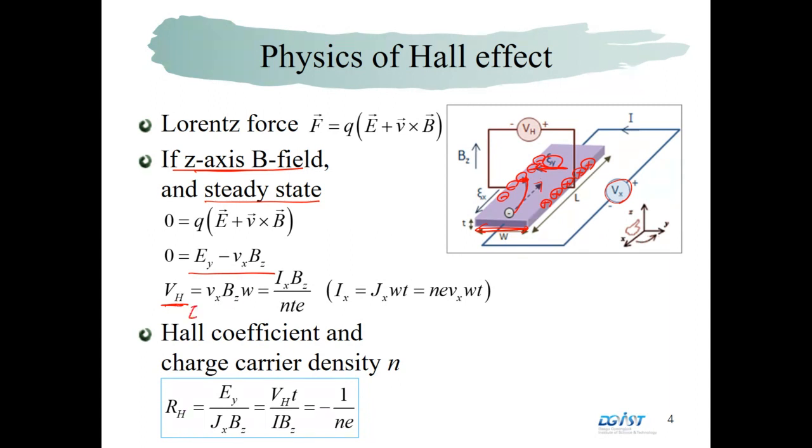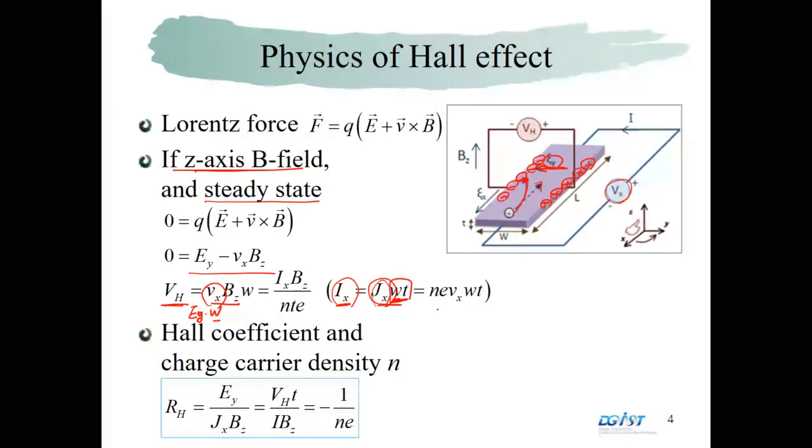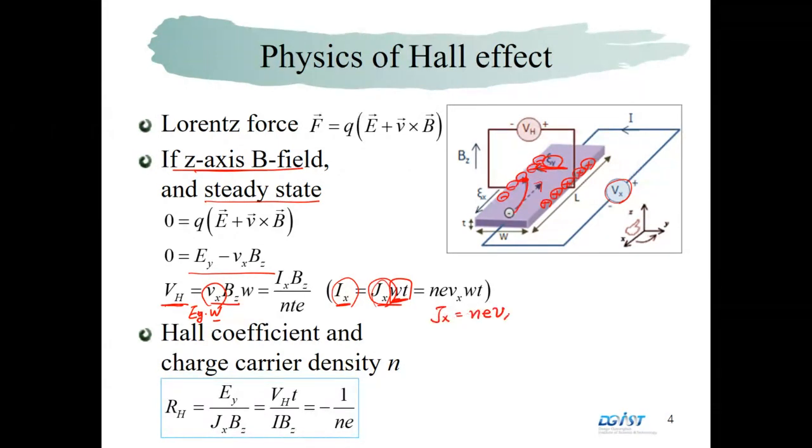And this is E_y multiplied by the width of your sample, W. So you can obtain this relation. And the V_x, we can rewrite here. The current I is the current density multiplied by the cross-section area, where W is the width and T is the thickness of your sample. So we can obtain the current by this relation. And also the current density, we can write this relation.